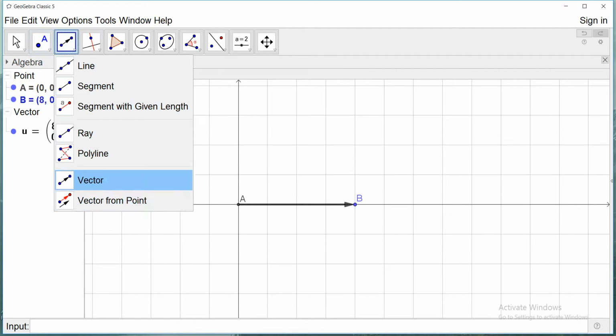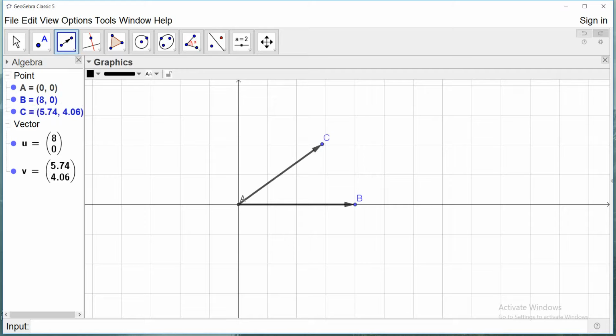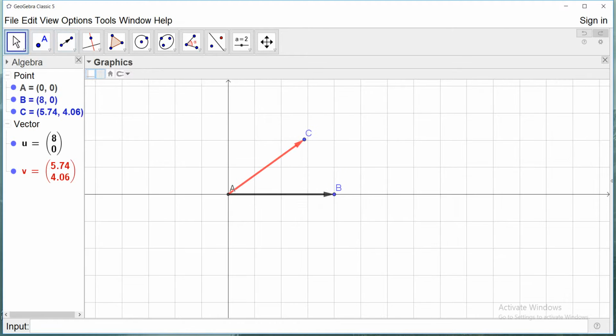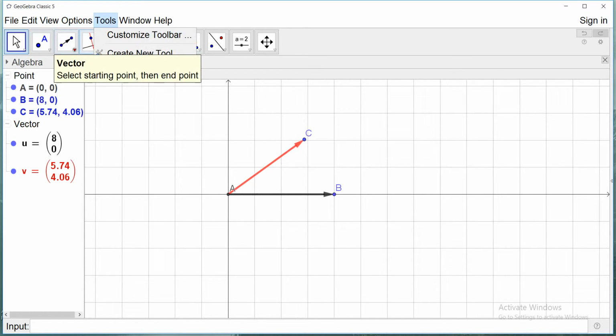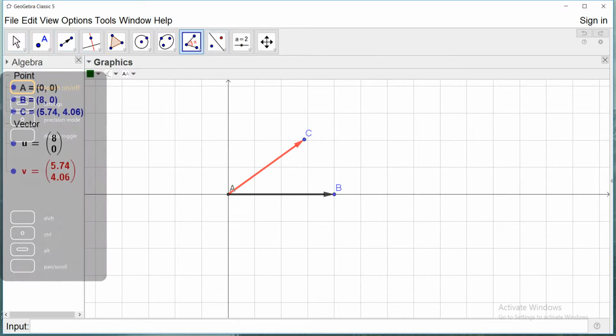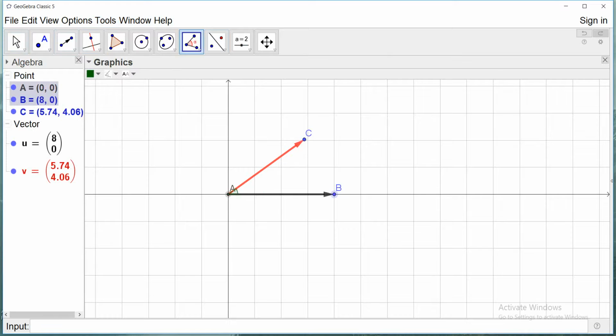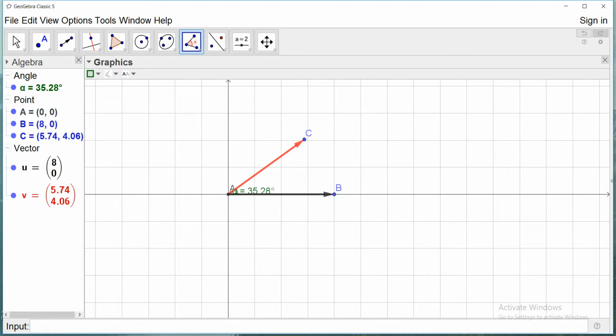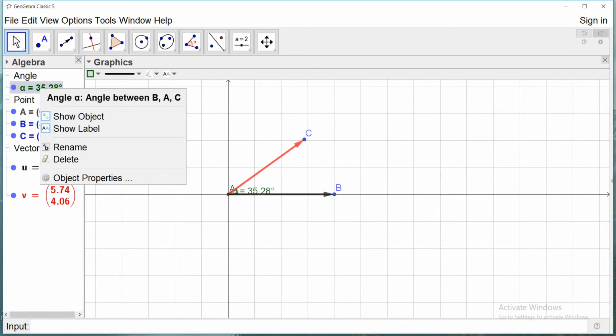And then let's take this one here and make it red, and that'll be my terminating ray. Right now I'm going to ask it to just tell us what the angle is between those. I went in the wrong direction. Alright, so that angle is 35.28 degrees.